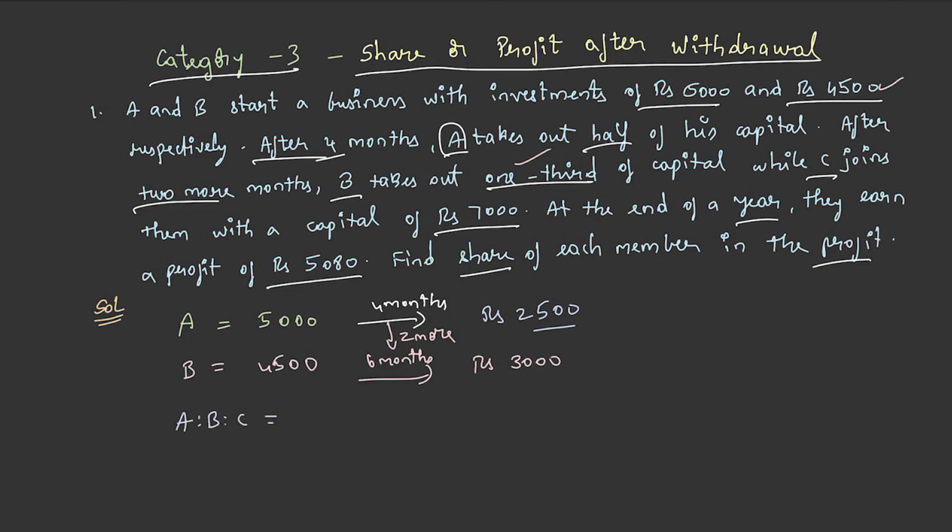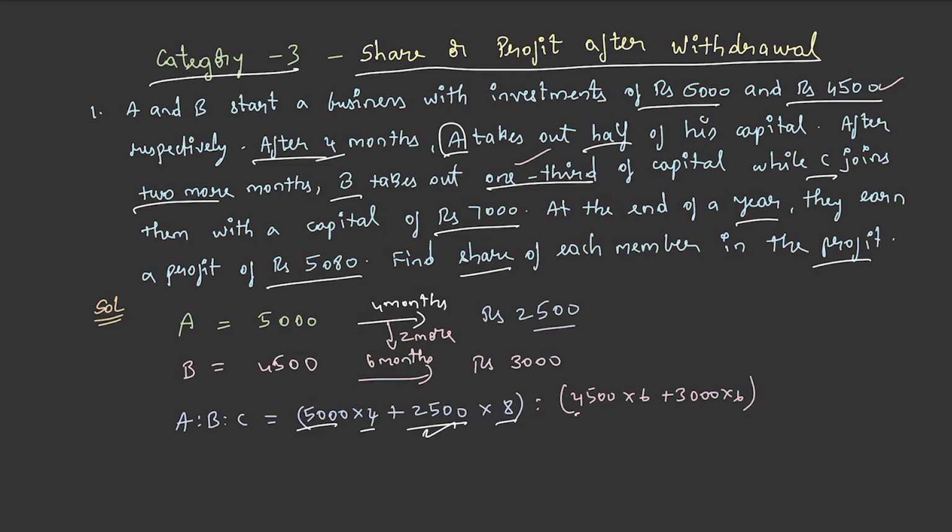Now let's find out the ratio. A : B : C is equal to 5,000 into 4 plus 2,500 into 8. This is because A invested 5,000 for 4 months, and he took half of his capital, it became 2,500, and he invested this amount for the remaining 8 months. Now for B, 4,500 into 6 plus 3,000 into 6.